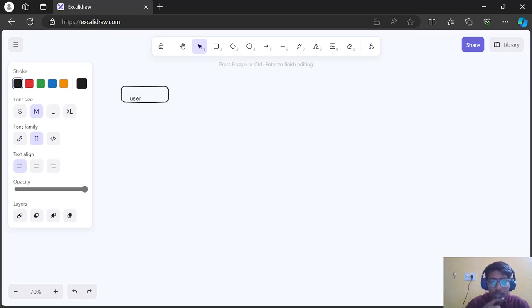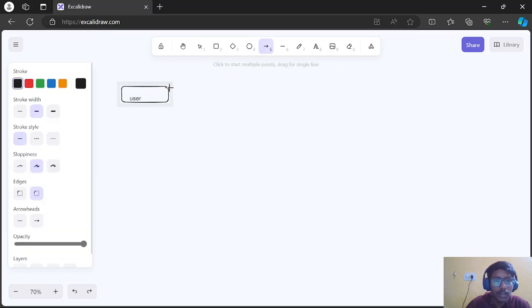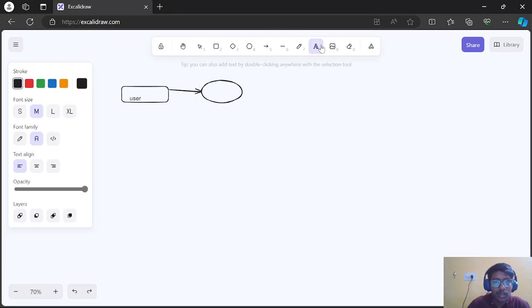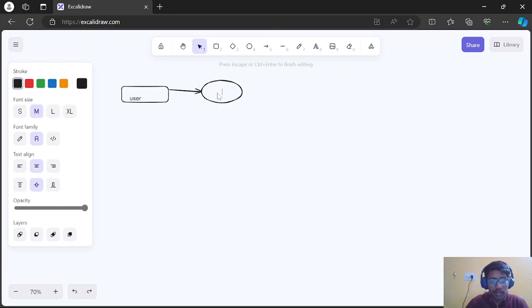The attributes in the user entity: the first attribute would be the user ID itself, which is unique, as we discussed earlier.